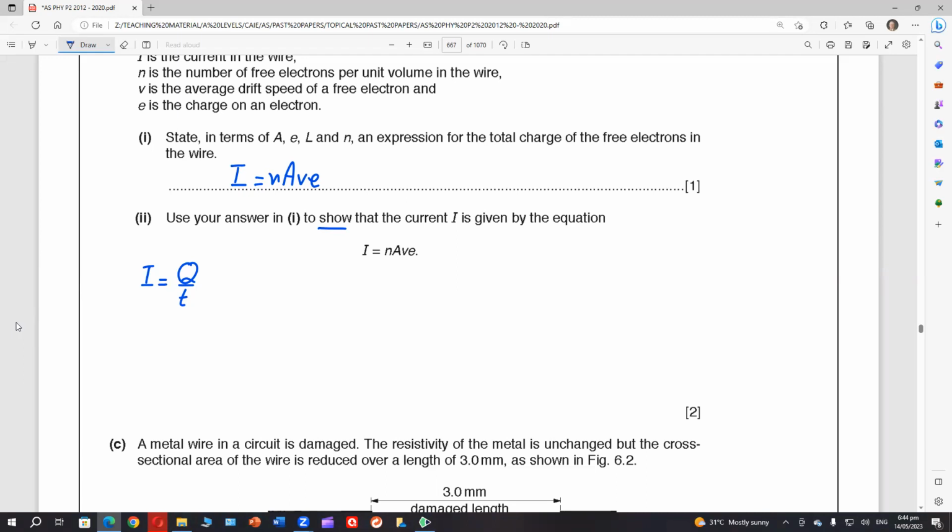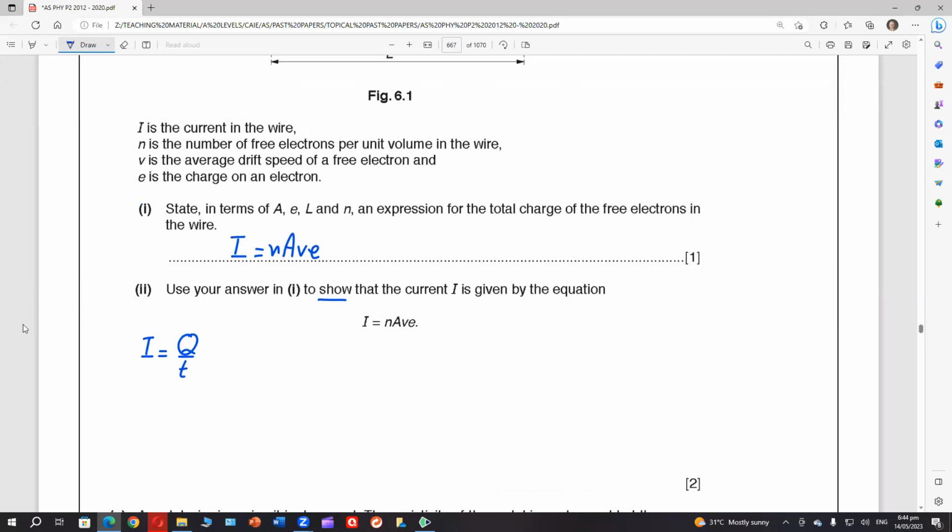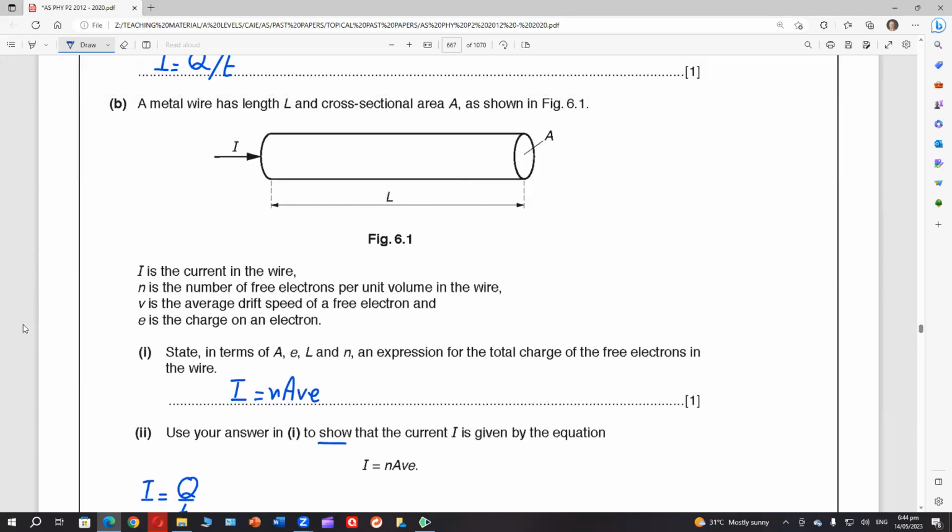We'll use the formula for charge, like of one electron. You can see the top values: I is the current, n is the number of free electrons per unit volume, v is the average velocity, e is the charge of an electron, and this is the length of the conductor L.